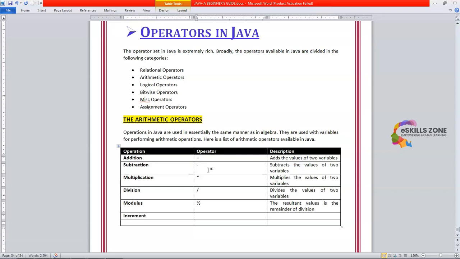For this you can use plus plus symbol, increases the value by 1. Next one is decrement, and you can use minus minus symbol for that, and it actually decreases the value by 1. So we have discussed the arithmetic operators.